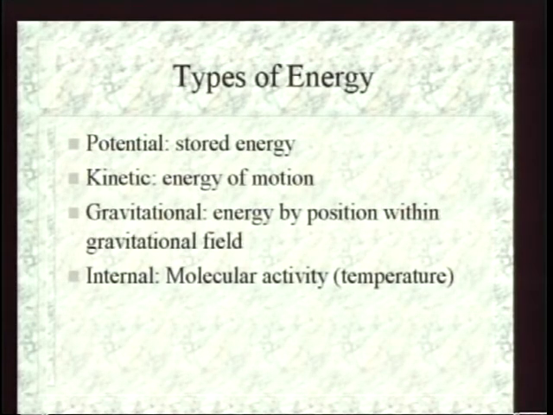Those are potential energy, which is stored energy; kinetic, which is the energy of motion; gravitational, which is energy by position within a gravitational field; and molecular activity, which is going to influence what the temperature is of a substance.